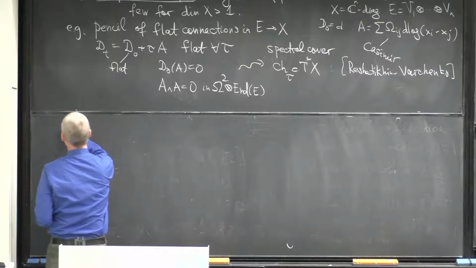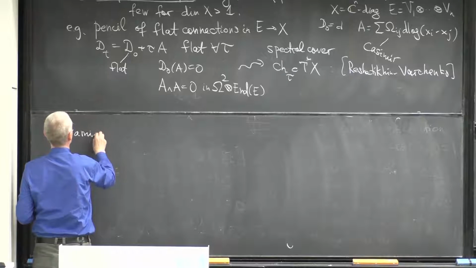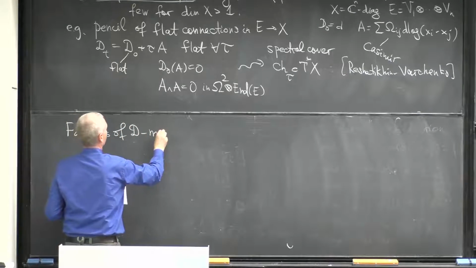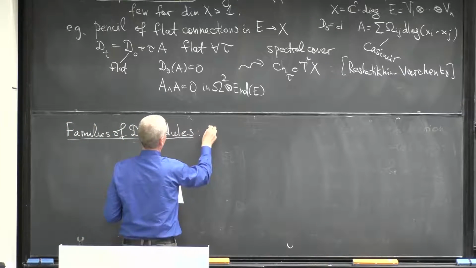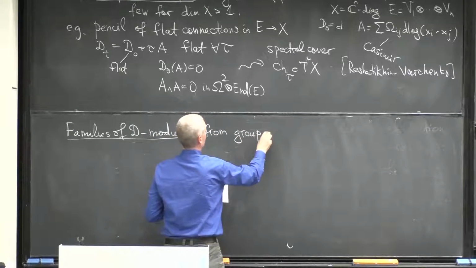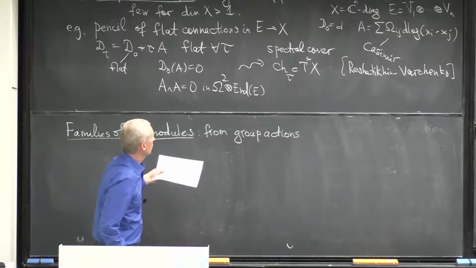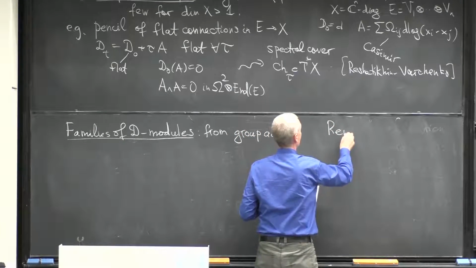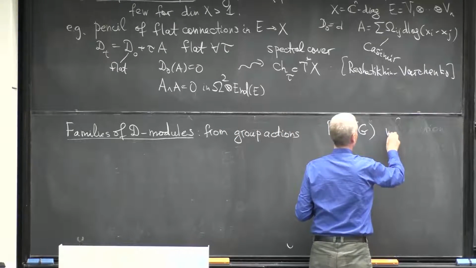So we are looking for families of D-modules which we can write down. Basically, the real sort of example would be to consider representation theory of a group G when weights go to infinity.